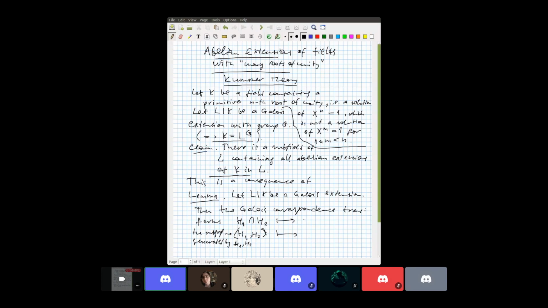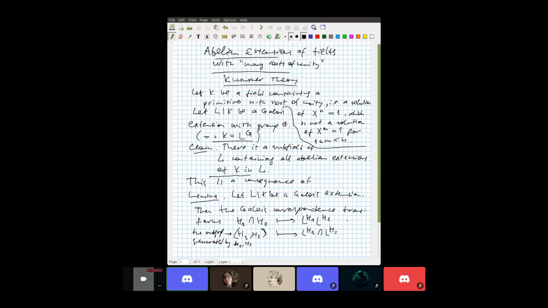Let me write this: the intersection is transformed to the compositum of the fixed fields, and the subgroup generated by several subgroups corresponds to the intersection L^H1 intersected with L^H2.